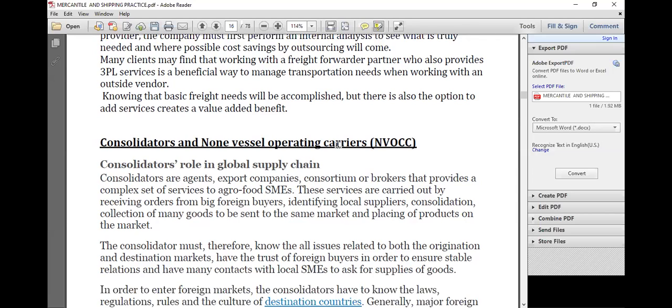Now there are terms and conditions under which consolidation is done. For consolidation to be done, these cargoes, one, must be compatible. What I mean is that they do not affect the chemical composition of another cargo when they are put together, which means if they are put together, their chemical composition will remain the same.